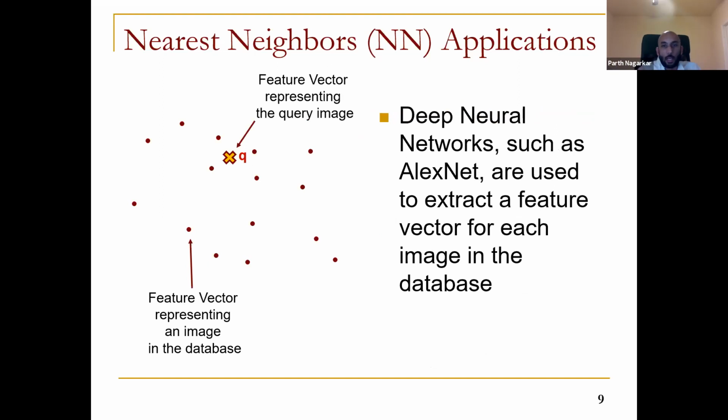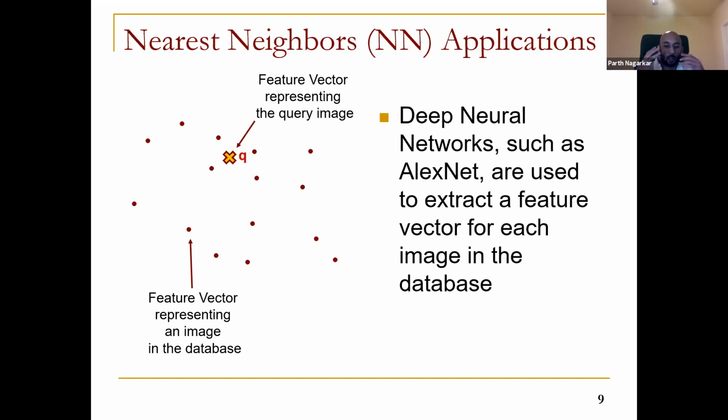So we all know that deep neural networks are really popular in image retrieval systems nowadays because of their really good accuracy. The workflow is that deep neural networks such as AlexNet are used to extract a feature vector for each image in the database.